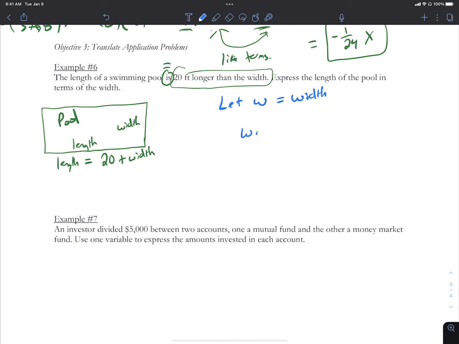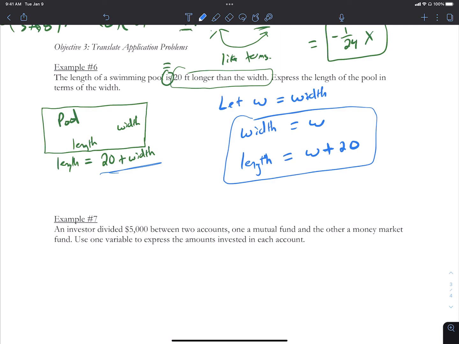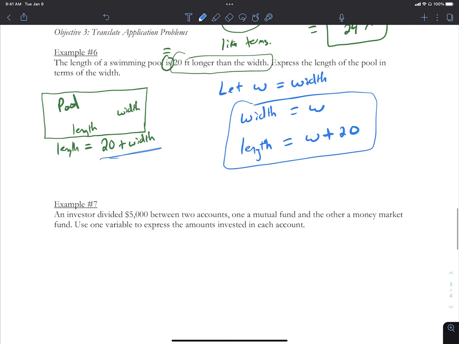So in other words, the width is equal to W. So the length would be equal to W plus 20, because the length is whatever the width is and add 20 to it. So notice we were able to represent both dimensions with just one variable.